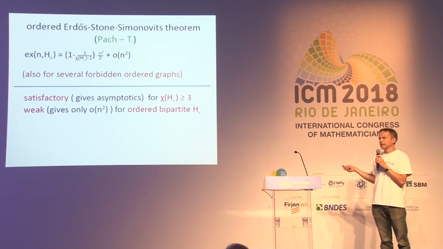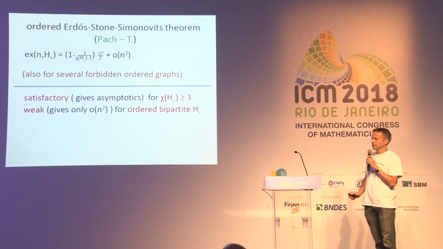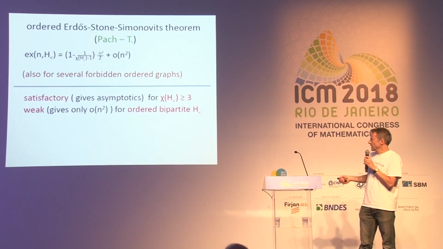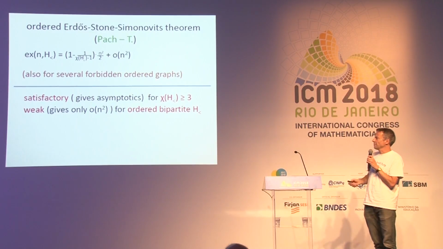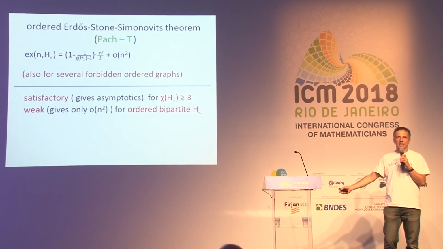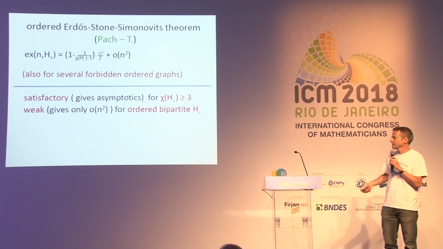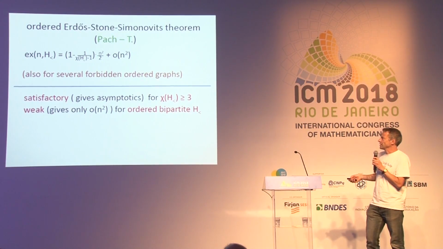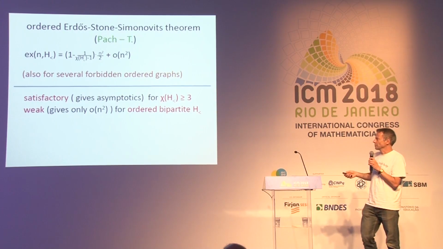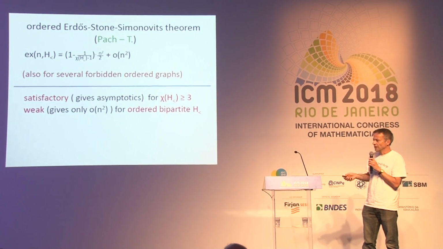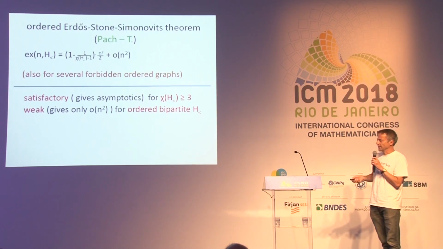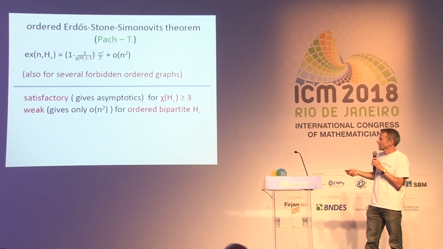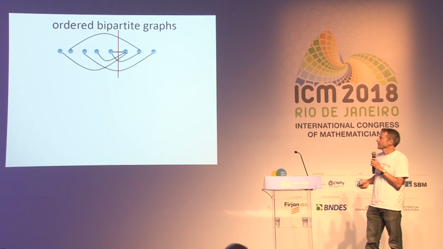Not exactly the same thing, because here we want to avoid a bipartite graph, but the host graph, the large graph that has many edges and avoids this, does not have to be bipartite, but it's just a minor tweak to that question. So all those questions they asked are relevant in this theory also.